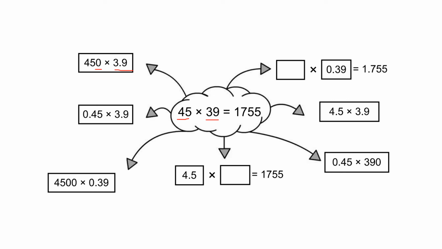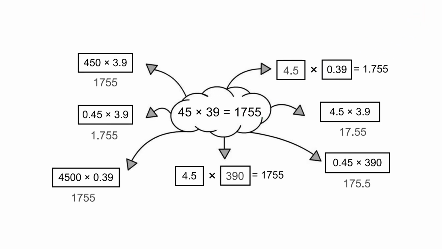So you then need to reflect on how those slides will actually affect what the final answer is. So in this case, you can see that it has not affected the answer at all. The one slide up for the 45 and the one slide down for the 3.9 have effectively cancelled each other out.